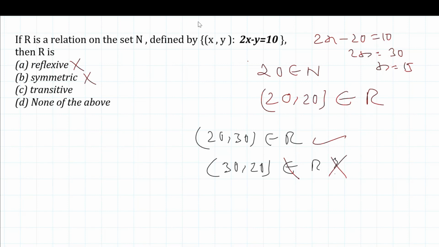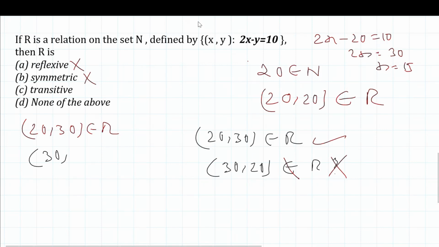Now I can do the same with transitive. Let's say I take (20, 30), which, as you know, belongs to R. If (a, b) belongs to R, then we need to take (b, c) also.